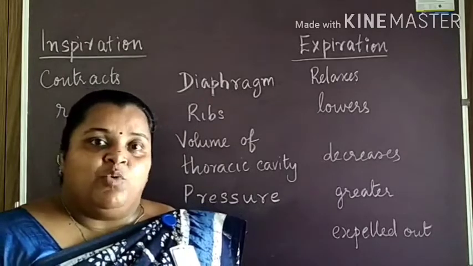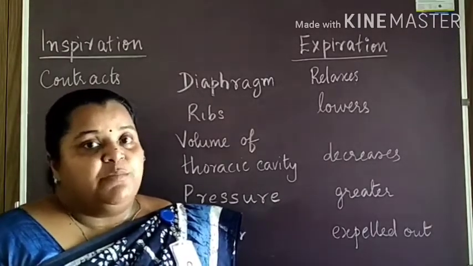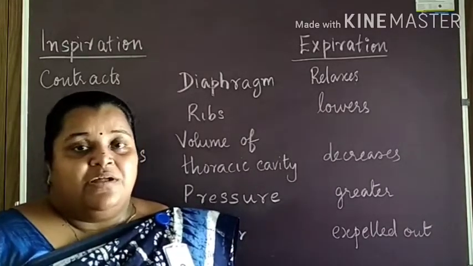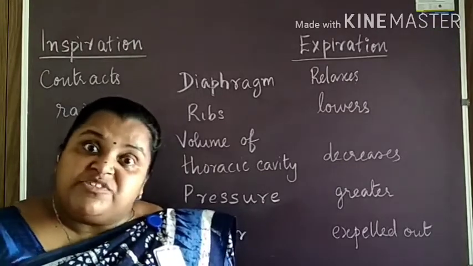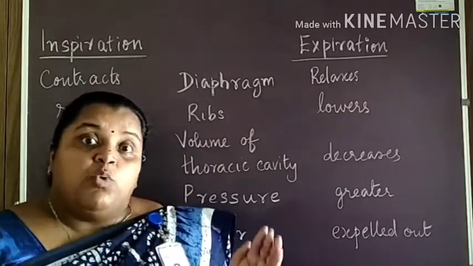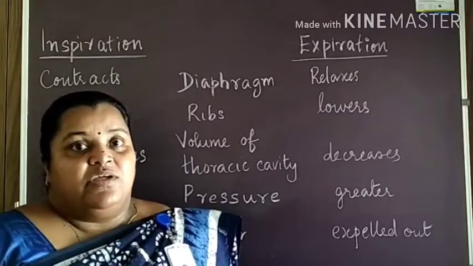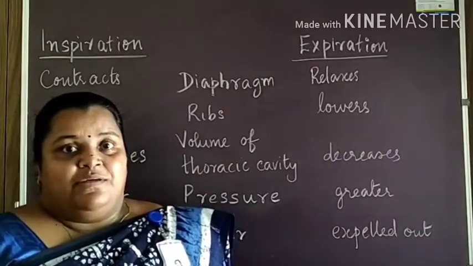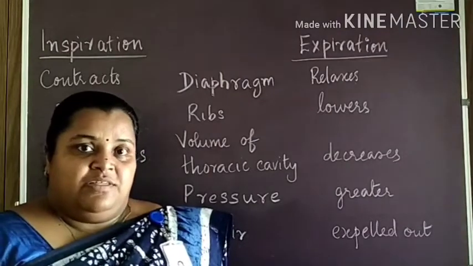Now let us see what changes take place in the thoracic cavity during the breathing process. During inspiration, the diaphragm contracts. So the ribs rise. The volume inside the thoracic cavity increases. When volume increases, pressure decreases and air moves into the lungs.